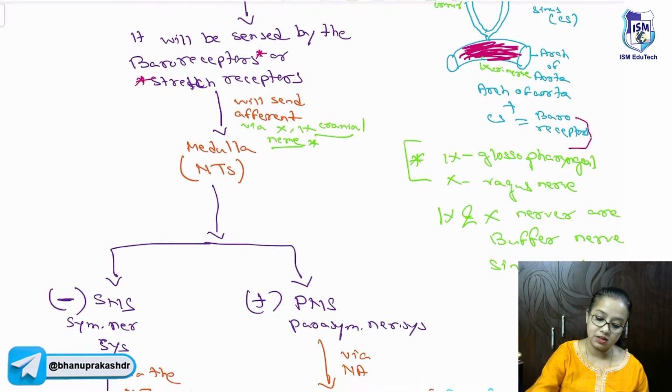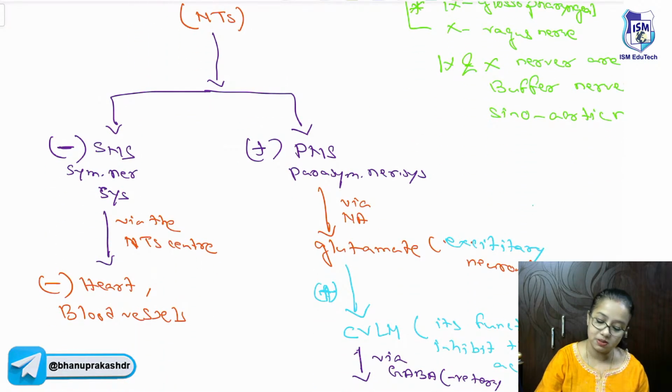So, this afferent will be carried to the medulla. Now, medulla will say, okay, the information is such that the blood pressure has increased. Now, it will stimulate the center that will cause the decrease of the blood pressure. So, here you see the sympathetic nervous system will be decreased because sympathetic nervous system increases everything, and parasympathetic nervous system will be stimulated because it decreases the function of the heart.